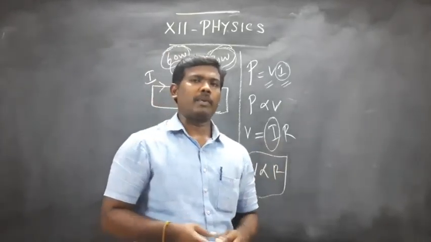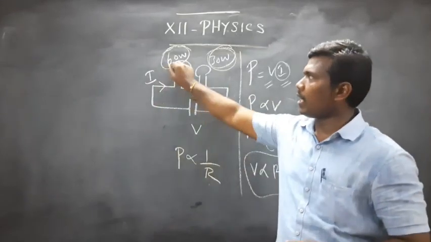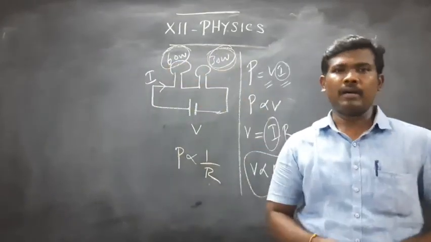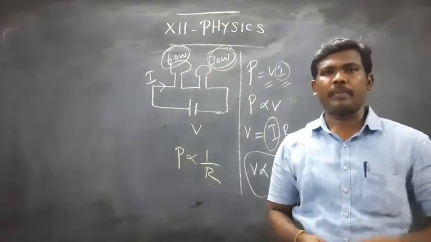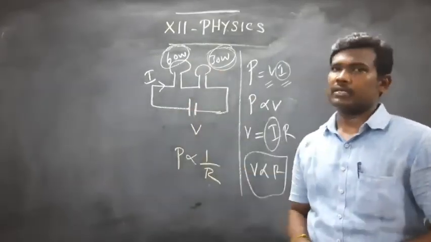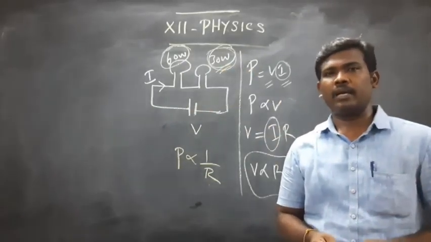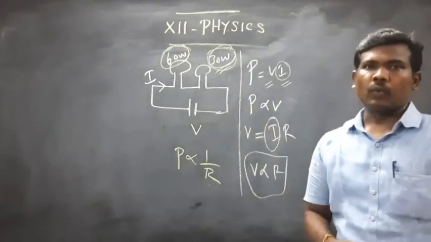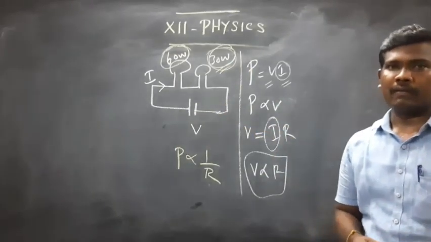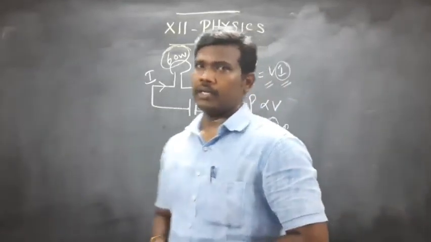In a parallel combination, the 60-watt bulb glows brighter. In a series combination, we get the result that the 30-watt bulb glows brighter. So it depends on the connection only, not on the power value. That is the final conclusion for this question.